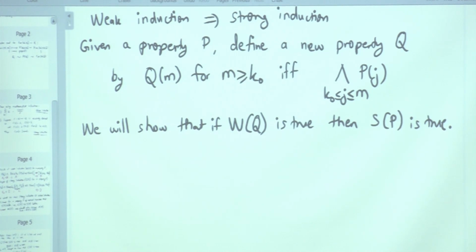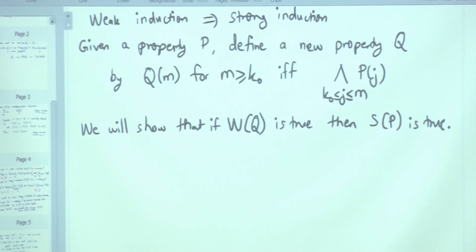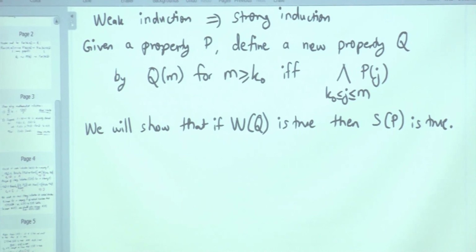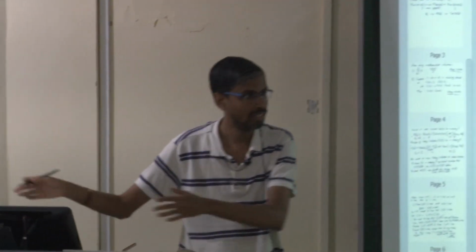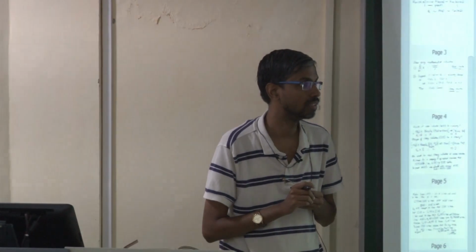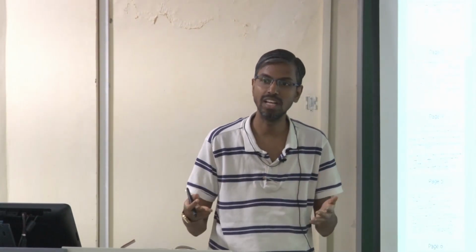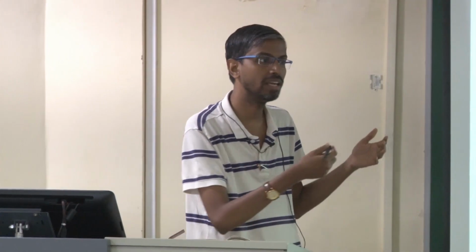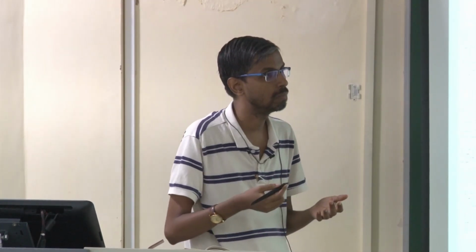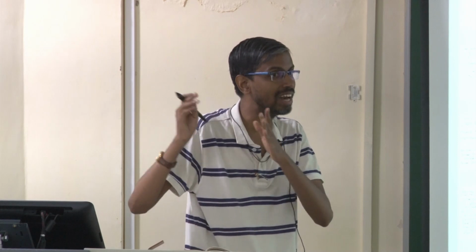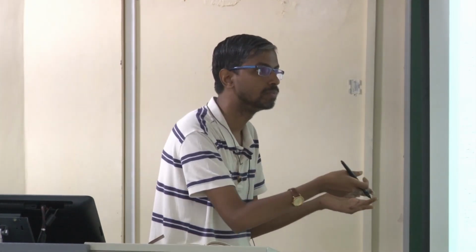See, the principle of mathematical induction is a statement which says that for all properties P of natural numbers, the statement is true. So I can choose something different. Like for proving property S of P, I can use a slightly modified property Q to prove the same statement, because there is a quantifier, for all properties P. So for all properties P means in particular it is also true for Q. Are you proving for the same property?